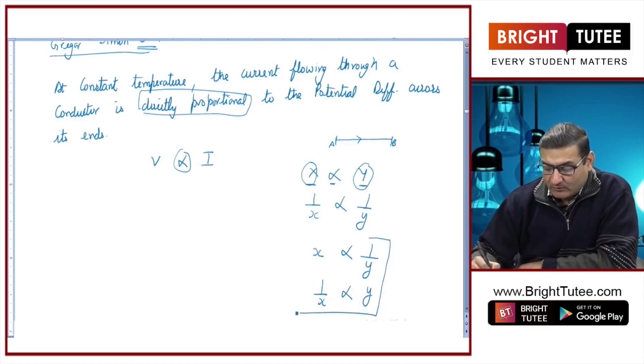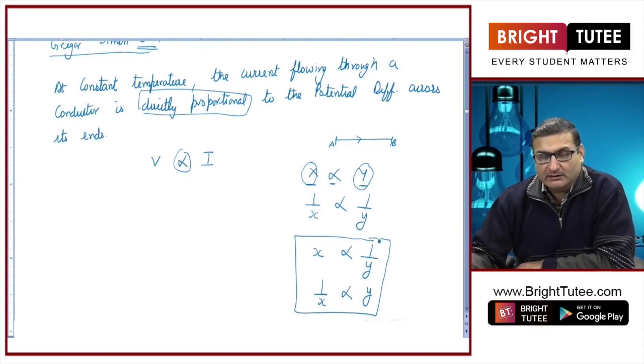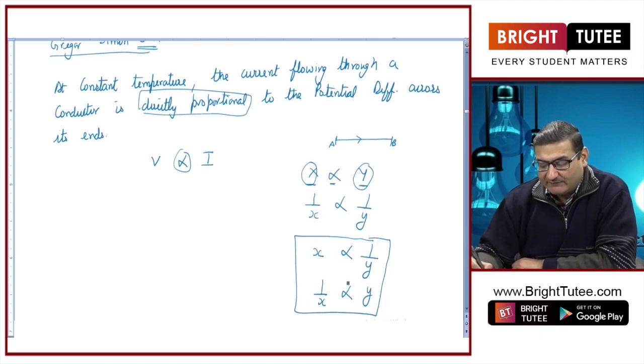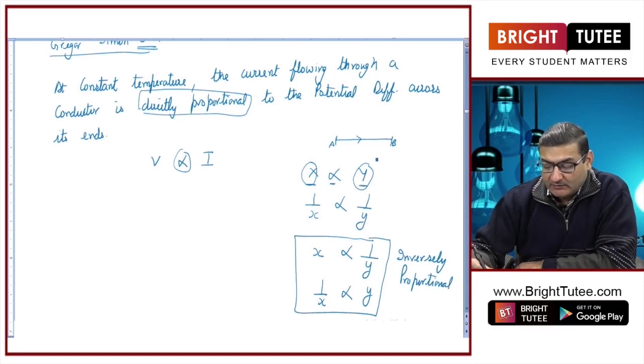If now one particular item is in numerator and the other is in denominator and we have the same sign, then we say that these two things are inversely proportional to each other. Over here we said that they are directly proportional to each other.